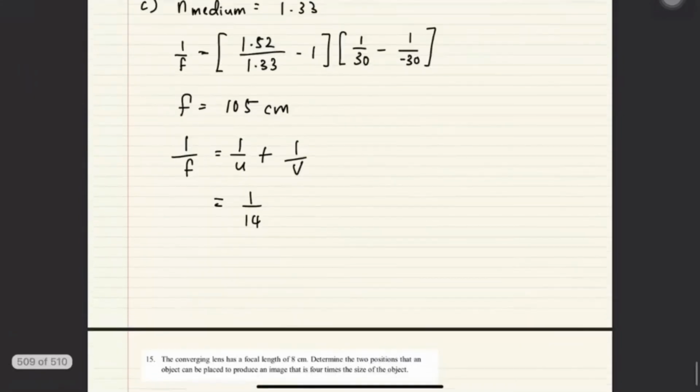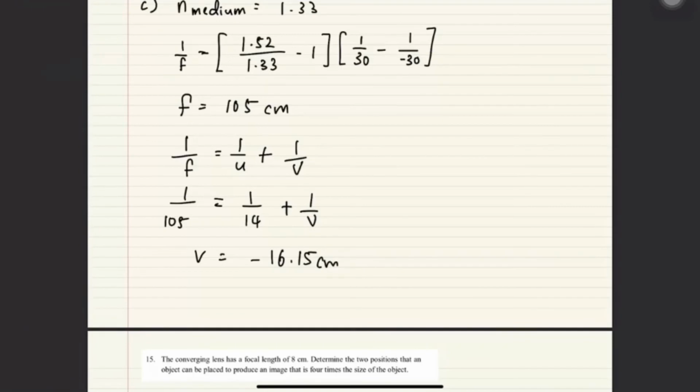Yang berubah dia adalah F lah. Here I got negative 16.15. Again, since this one is negative, means that it is a virtual image. Okay. Tapi kita pasal position, so we say whether same side atau opposite lah. Dari negative, lens, virtual, same side.